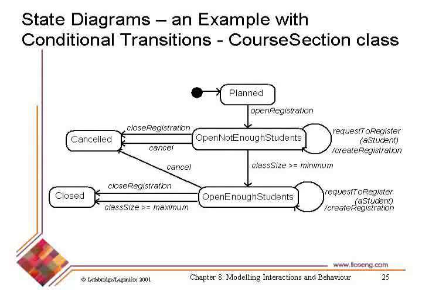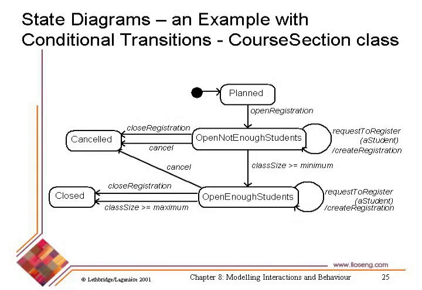When we show a condition, which you can tell because it's got a Boolean operator in it and it evaluates to true or false, when you see a condition that doesn't have square brackets around it, it means it's evaluated every time anything happens, and it will cause the transition by itself whenever it becomes true. Okay, so when the class size becomes greater than or equal to the minimum, we move into open enough students state.